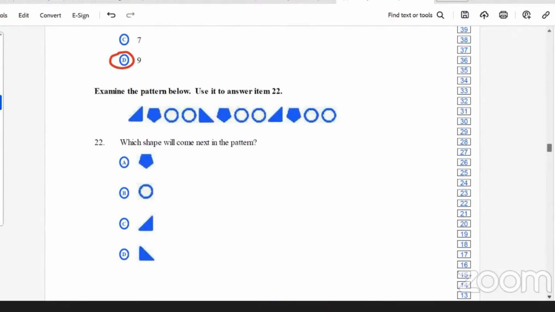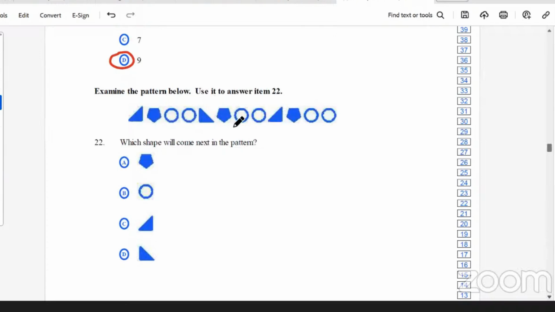All right, question 22. Examine the pattern below. Use it to answer item 22. Which shape would come next in the pattern? We know it's not going to be a circle because we already have 2 circles there, so we would not be having a third. That would not make the pattern. After 2 circles, you always have a triangle.